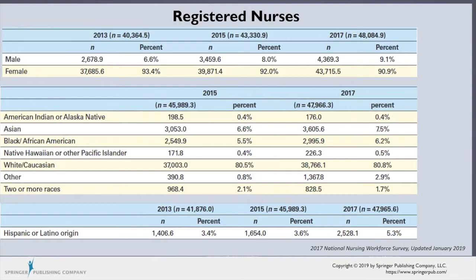Next slide, please. So looking at this slide, we see that approximately 9% of our nurses are male, and nurses from underrepresented racial and ethnic groups make up about 19% of nursing. Increasing racial and ethnic diversity in the nursing workforce is important because it's linked to improved access to care for racial and ethnic underrepresented patients, and it's linked to greater patient choice and satisfaction.